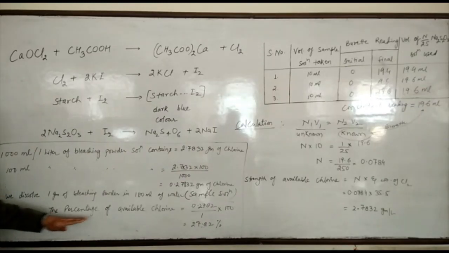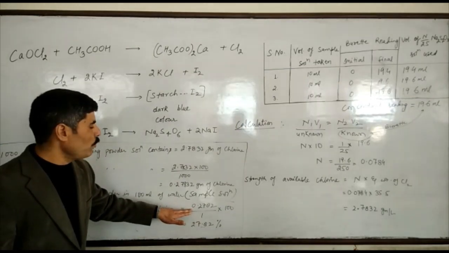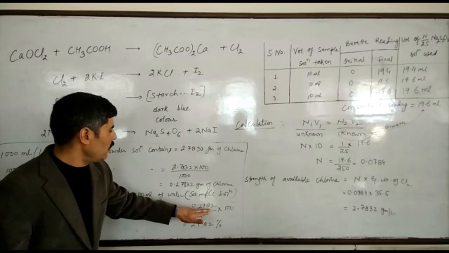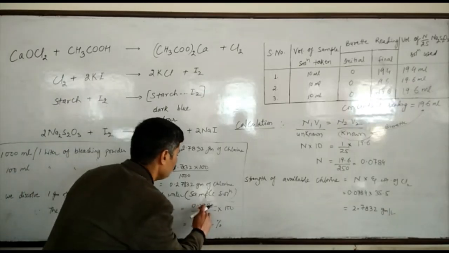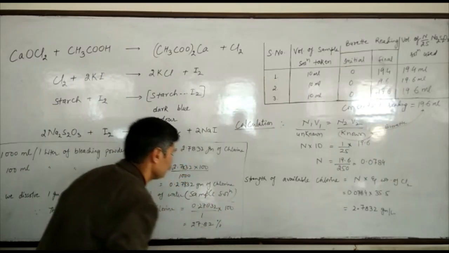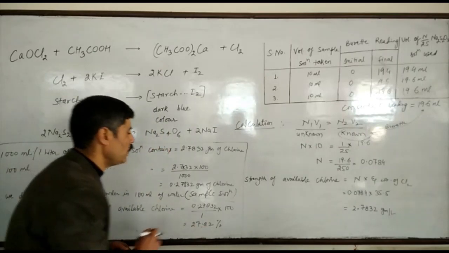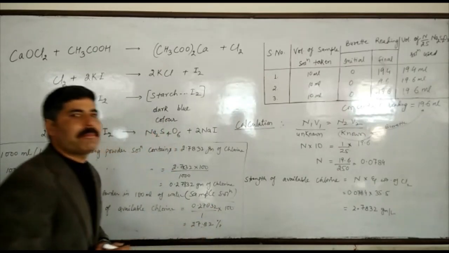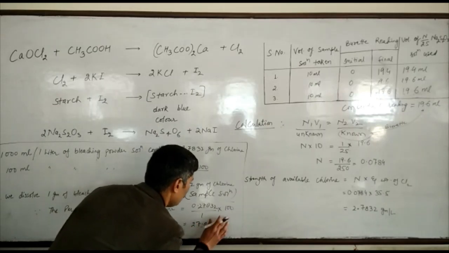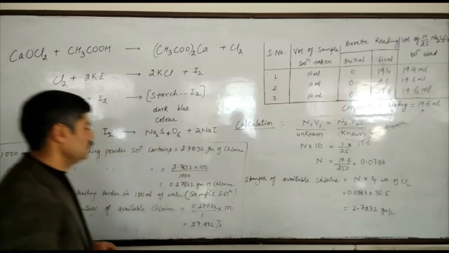So the percentage of available chlorine is the actual value, 0.27832, divided by 1, the initial value, multiplied by 100, and after calculating it is 27.832%.